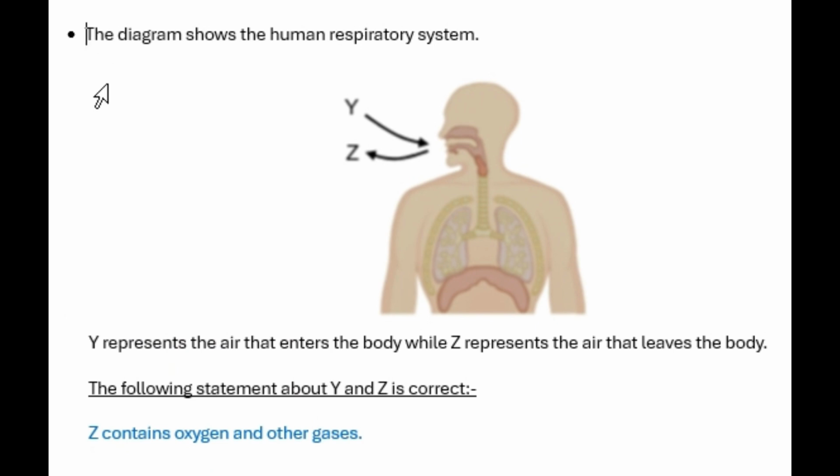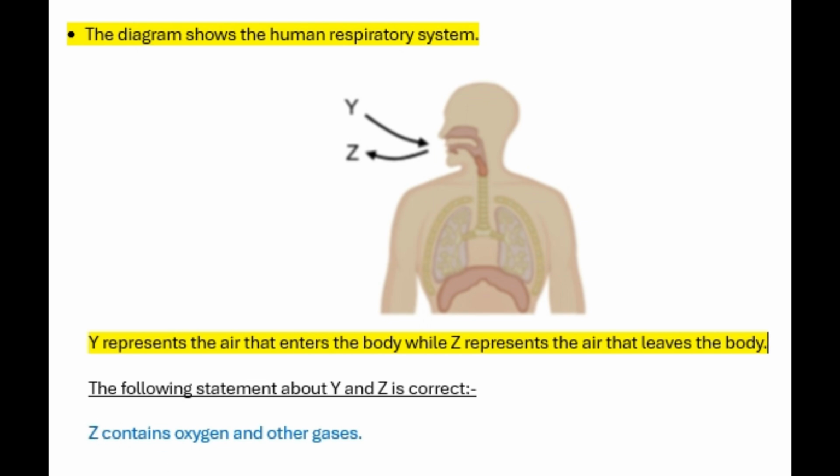The diagram shows the human respiratory system. Y represents the air that enters the body, while Z represents the air that leaves the body. The following statement about Y and Z is correct.